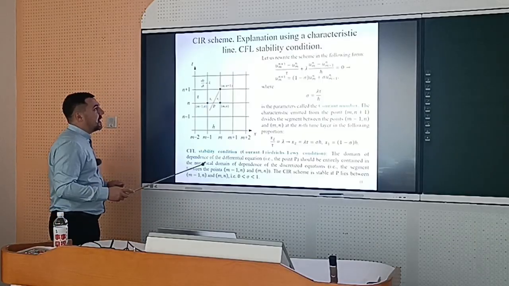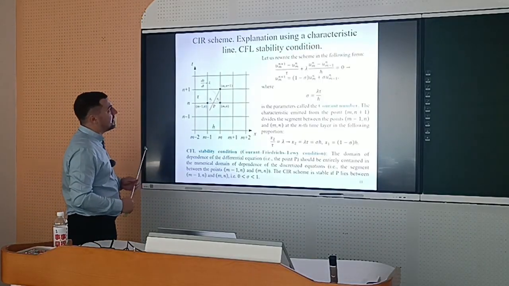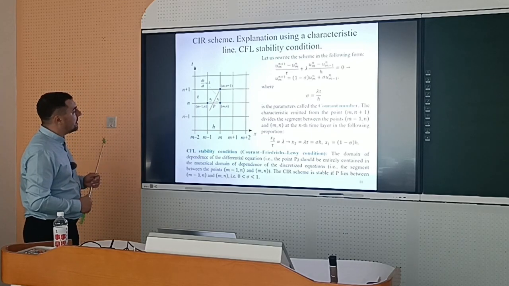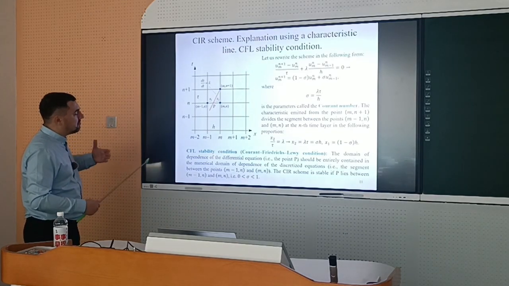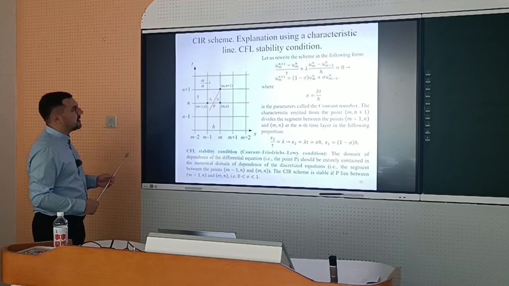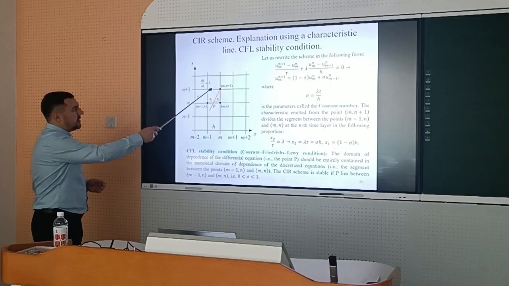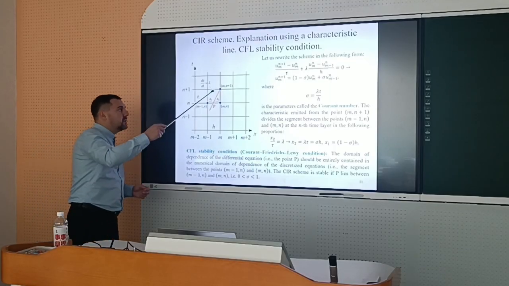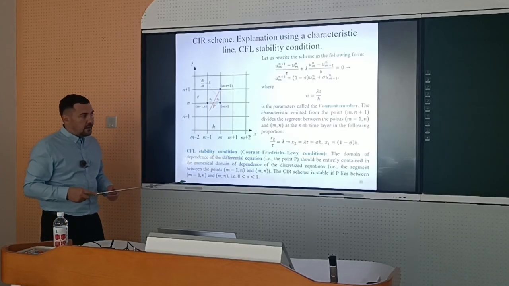Explanation using characteristic lines: the CFL stability condition. What's the idea? Let's analyze and give an interpretation of our scheme using characteristic lines. So consider this point n+1. We want to compute the solution here, right?